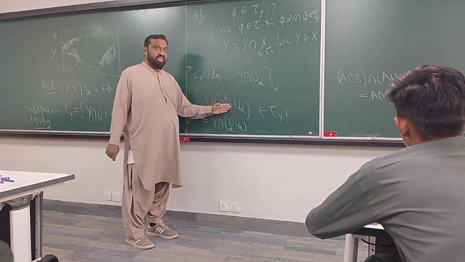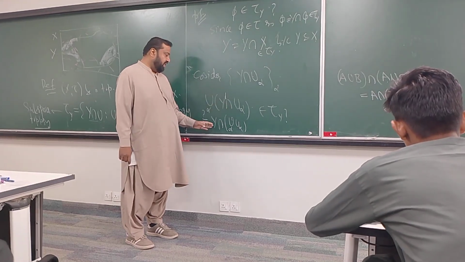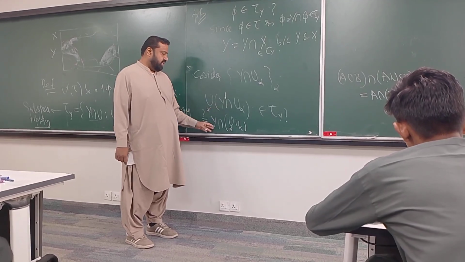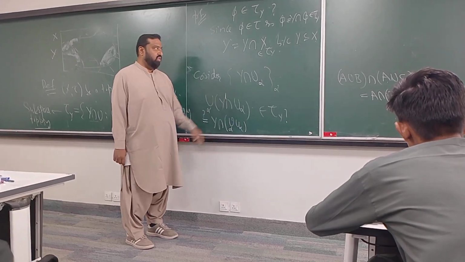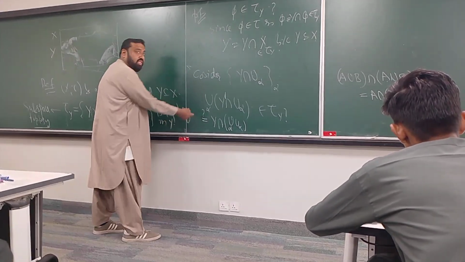Because the union of the intersections is basically the intersection where you can pull out this Y. But this is something that needs to be verified.